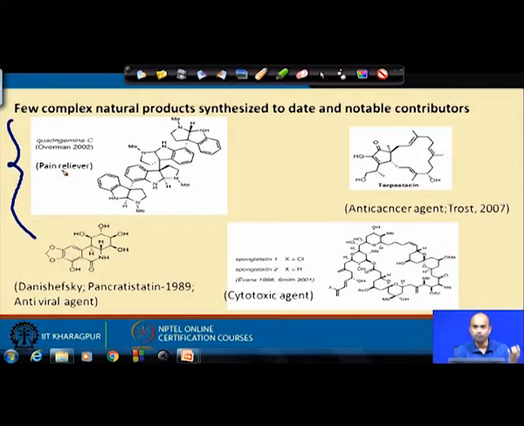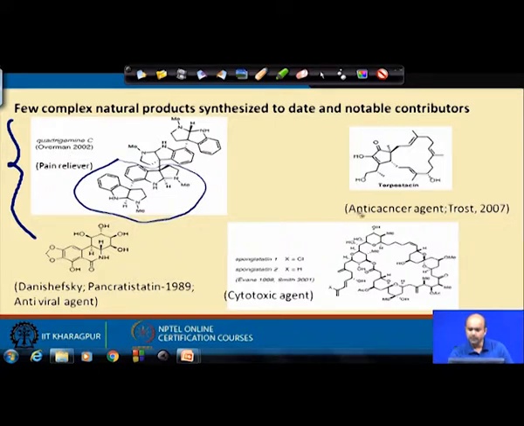Now, see this molecule, this is a very complex molecule, a bis-indole alkaloid. Basically, two indole moieties fused together make a tetrameric compound. This was synthesized by Professor Overman, the name we just saw in the last slide.